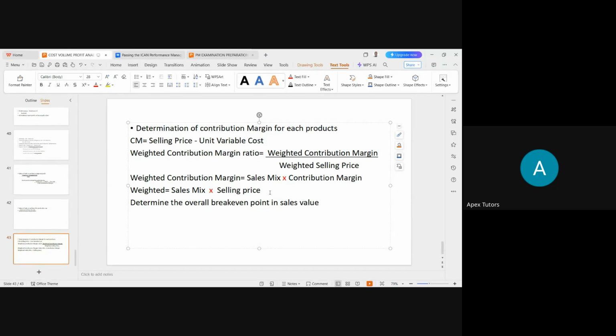In sales value, it will be total fixed cost divided by weighted contribution margin ratio. Total fixed cost divided by CMR.